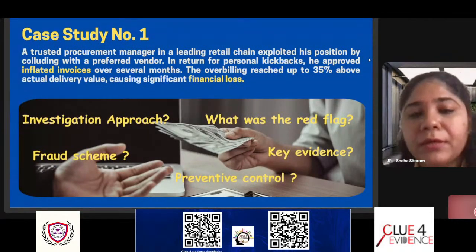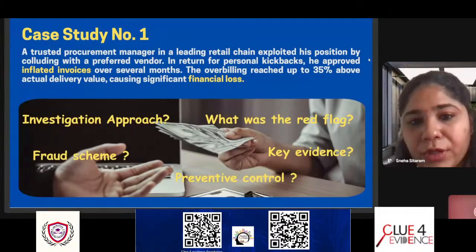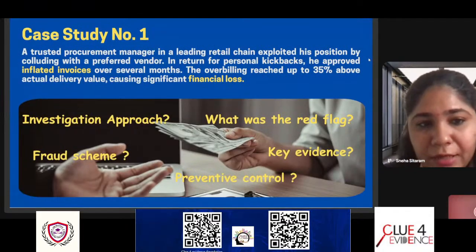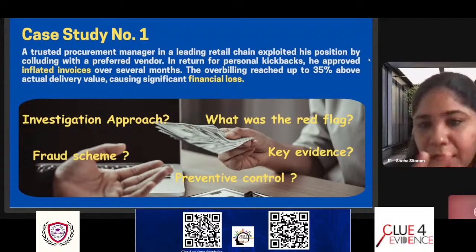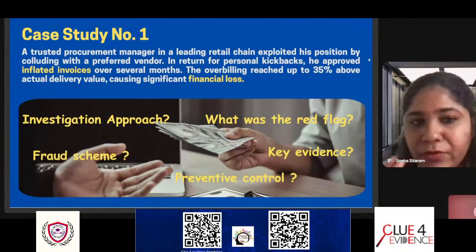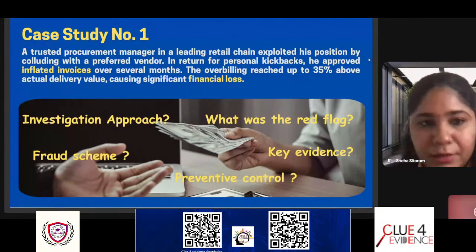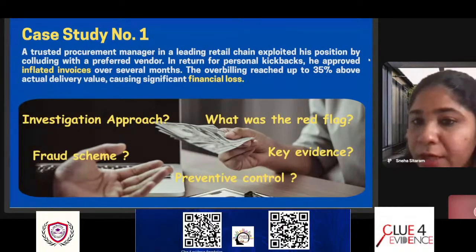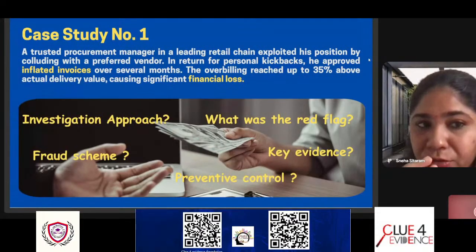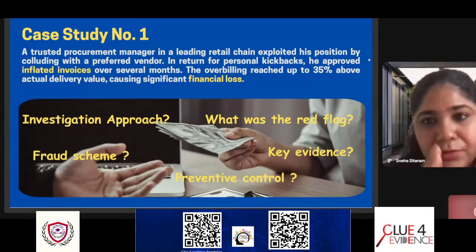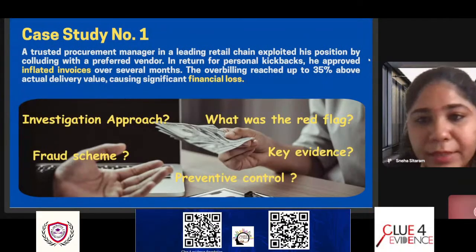I think most of these steps are followed nowadays, but this is just an internal control point of view. Here we are more focused on what is a red flag, what is a fraud scheme, and what are the key evidences which will help us in the investigation process, and emphasize that this person has done the fraud. So we are going in search of the truth, and not about framing this person.